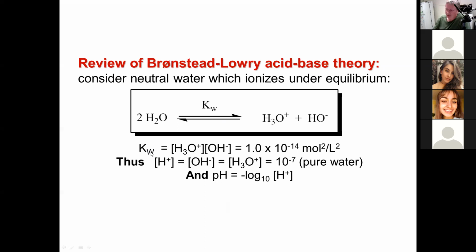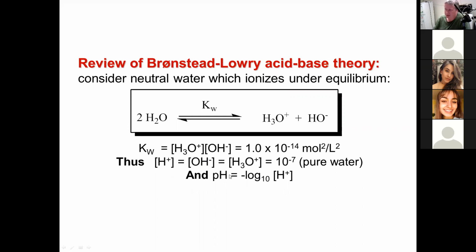We define Kw as the concentration of H3O+ times the concentration of OH-, and that's 1.0 times 10 to the -14th. And this is in normal neutral water, where H+ and OH- are going to be equal, and that defines the amount of H3O+, which is 10 to the -7, and 10 to the -7 times 10 to the -7 would be 10 to the -14.